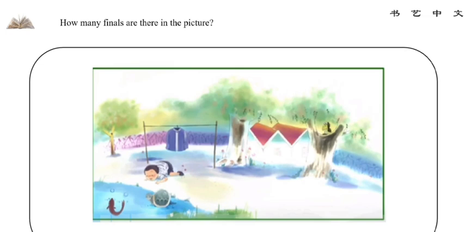Okay, we can see a piece of clothing hanging on a clothes hanger. A fish is blowing bubbles. A turtle is swimming in the water. And we can see a boy playing with these animals on the grassland.